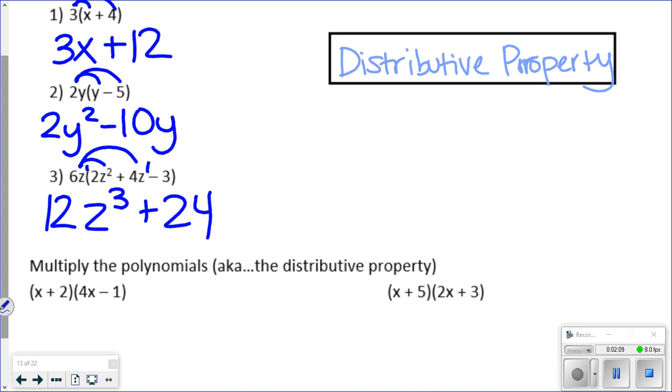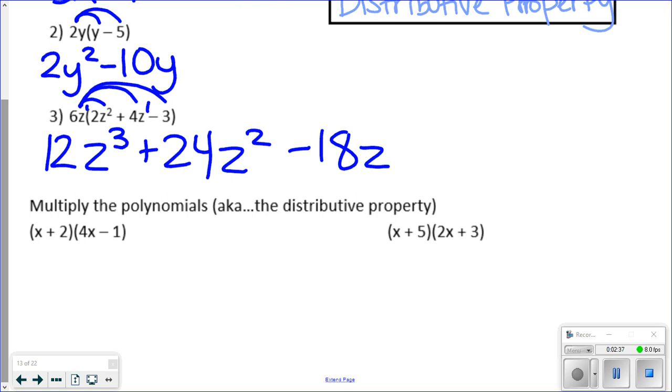Z to the first times z to the first is z squared. And 6z times negative 3 is negative 18z. And that would be our final answer. All of these are in standard form. So we are good.